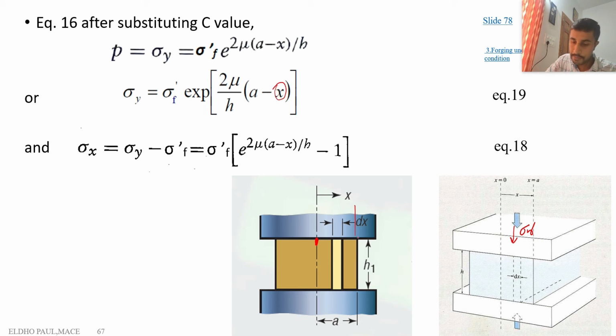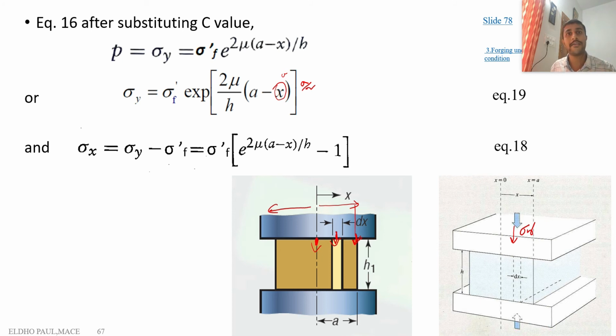But at this region, some amount of sigma y is required for deformation where x equals a. In the center region, some amount of sigma y is required where x equals a by 2. So with respect to the x variation, the amount of vertical stress required for the deformation also will vary. That means there is a distribution of sigma y along this direction.